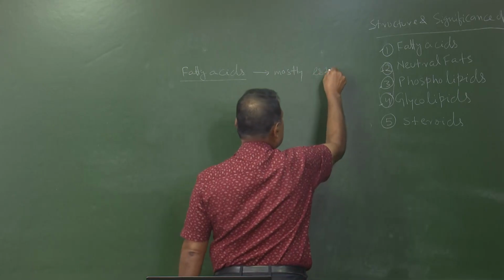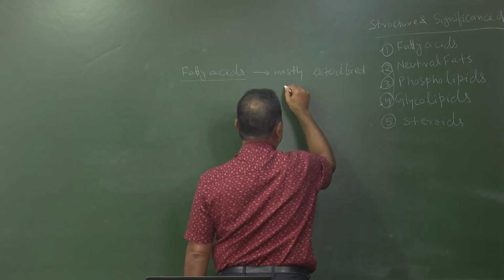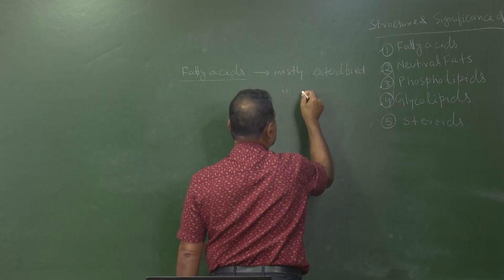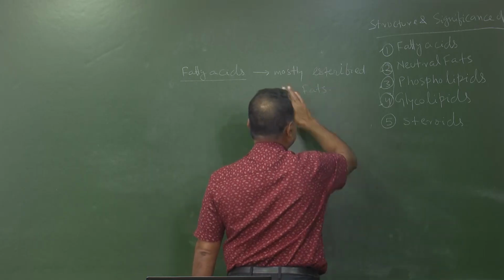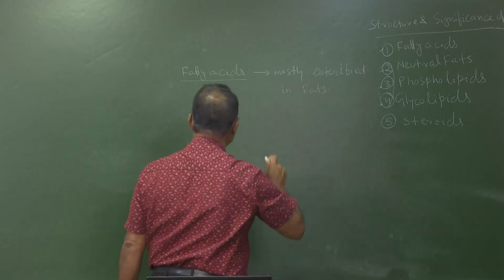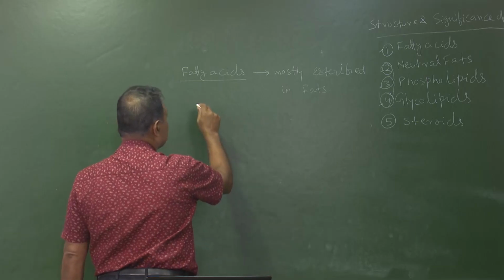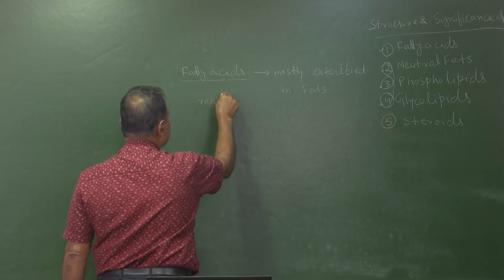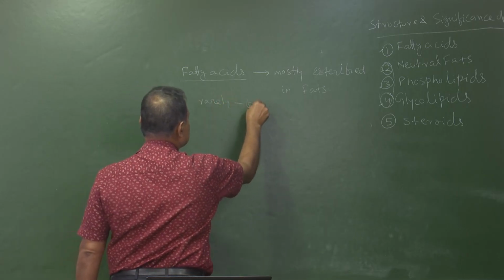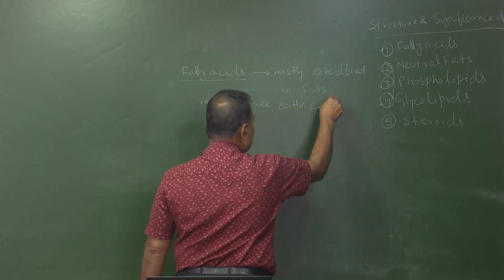You can say that simply they are joined, esterified, in fat. I'll explain all these things in detail later on at its appropriate place. Now, rarely do we find free fatty acids in our body.